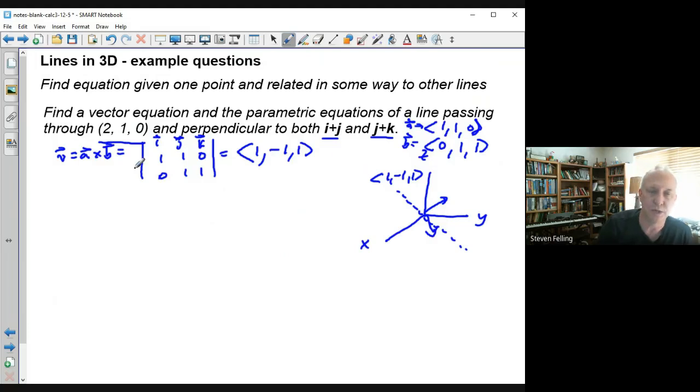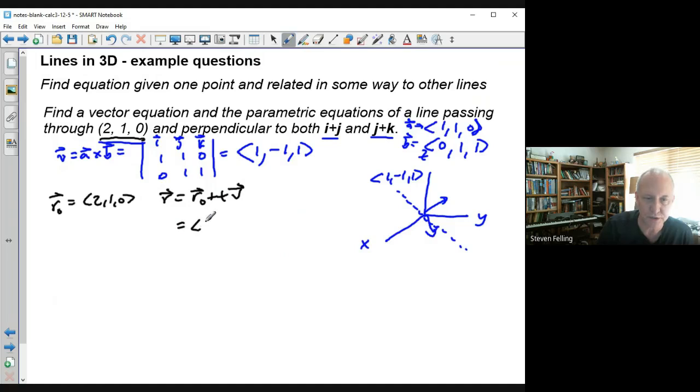And then in order to make the equation of it, let me change colors. We're going to need to pick a point like 2, 1, 0 to be the r0 vector. So that'll be 2, 1, 0. And then we'll use the equation form here. R is the initial position vector plus t times the direction vector.